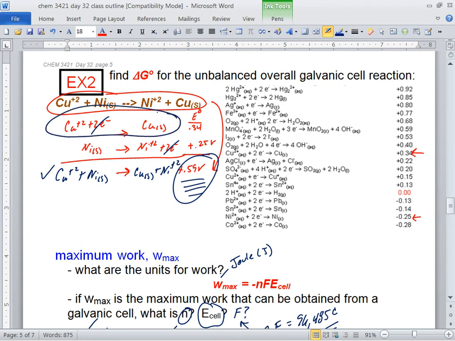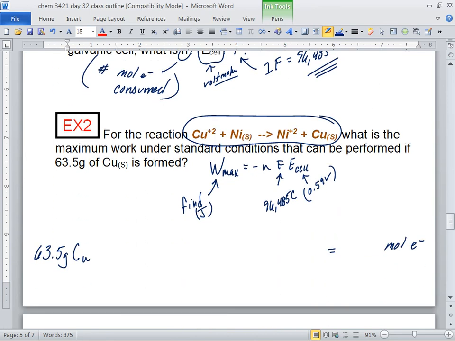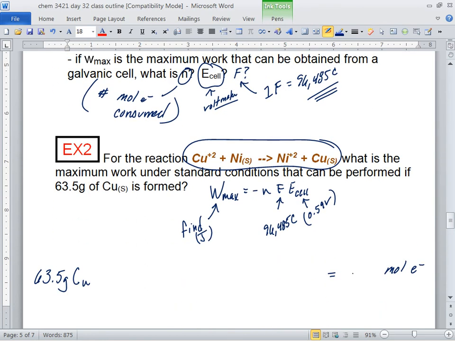That's your mole bridge that you have to use. So for every mole of copper solid, how many moles of electrons were consumed? 2 of them. The ratio is 2 to 1, or moles of electrons to copper solid. So go ahead, see if you can get that n. And then substitute it into your equation and get your W.